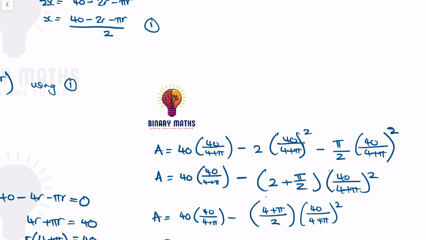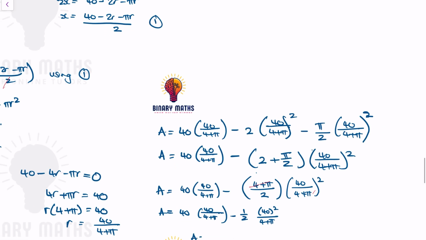So now that can be simplified to 40 times 40 over 4 plus pi. Because one lot of 4 plus pi on the top will cancel out with one lot from the bottom, what I end up with is minus a half times 40 squared over 4 plus pi.